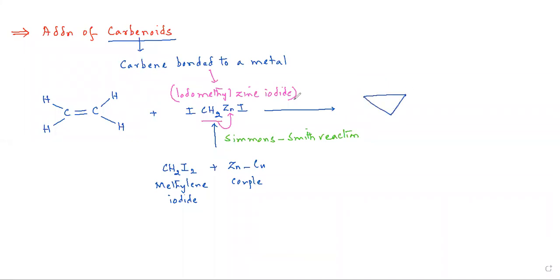Addition of CH2. That's it. You got a CH2. Along with this, of course, you get ZnI2. Right? So this is how the carbenoids are added. Let me give you an example.